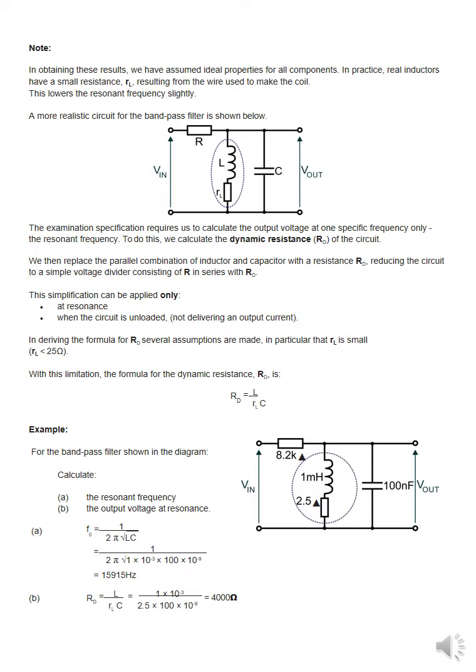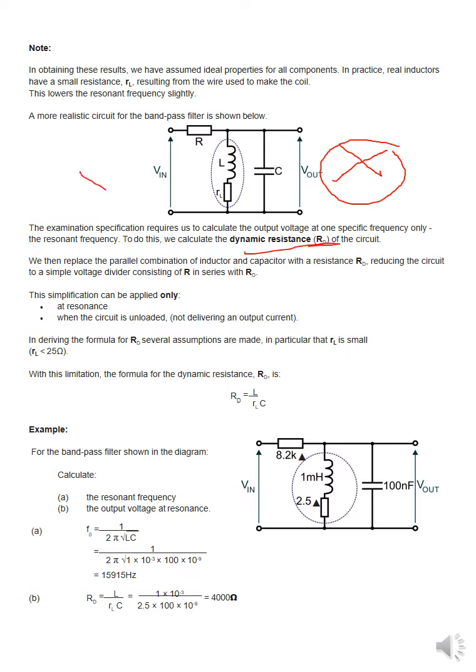Now then we have some questions. I'm removing this part on dynamic resistance for you, for this test at least. I need to find out from you whether you know anything about dynamic resistance or not.